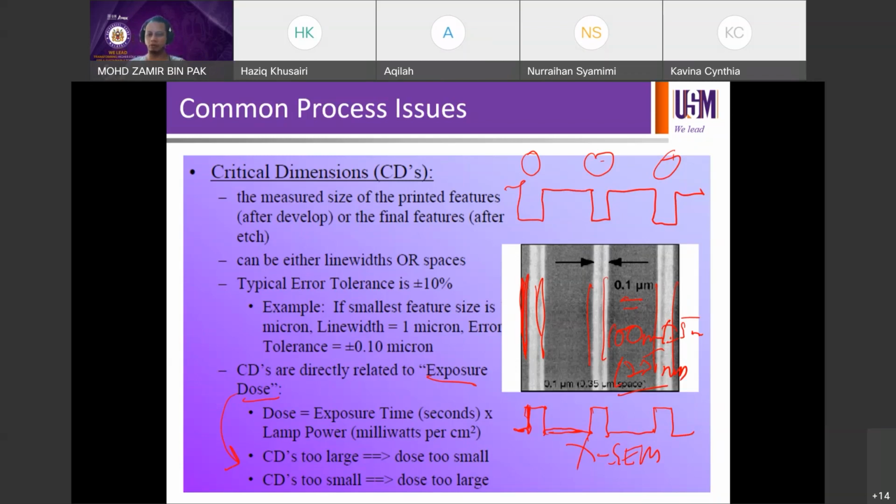So now you measure 125. In this case, if it's due to the exposure dose in the scanner, so that means when you have your CD too large, the root cause could be the dose is too small.